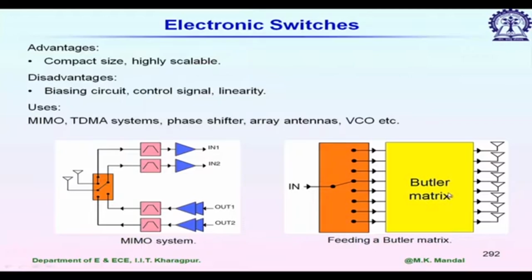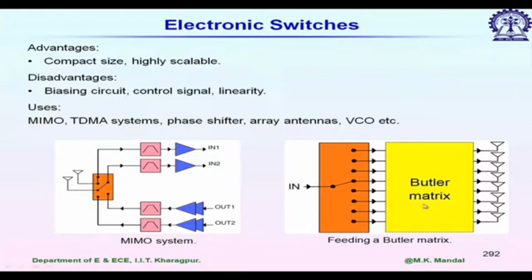Another example, this is a passive component, Butler matrix. It is used for phased array antennas. Inside the Butler matrix, we have a combination of several branch line couplers, passive phase shifters, crossovers. Now, the order of the Butler matrix is 2^n by 2^n.